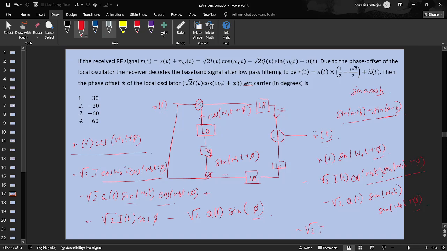For here I have root 2 I t sin phi sin a cos b, and from here it's sin a sin b. Sin a sin b is cos a minus b minus cos a plus b.